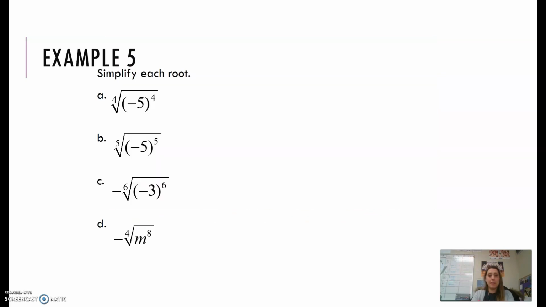Hit pause. So if we're looking at this, my n is even, so then my answer would be the absolute value of negative 5, which is 5. But here, my n is odd, so I'm just going to end up with negative 5 because n is odd. Now this one, C, we have a negative out front, and remember from yesterday, that's like saying negative 1 times all of this.